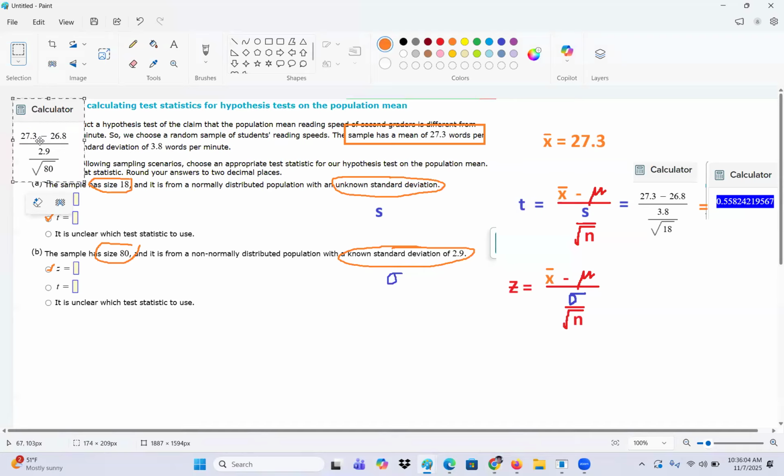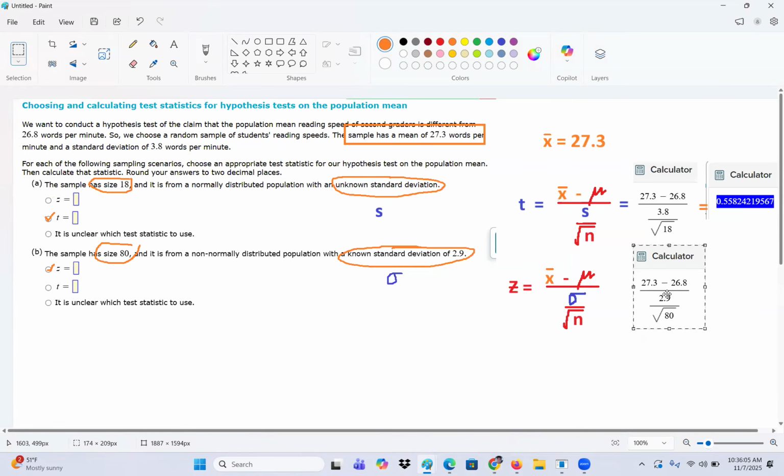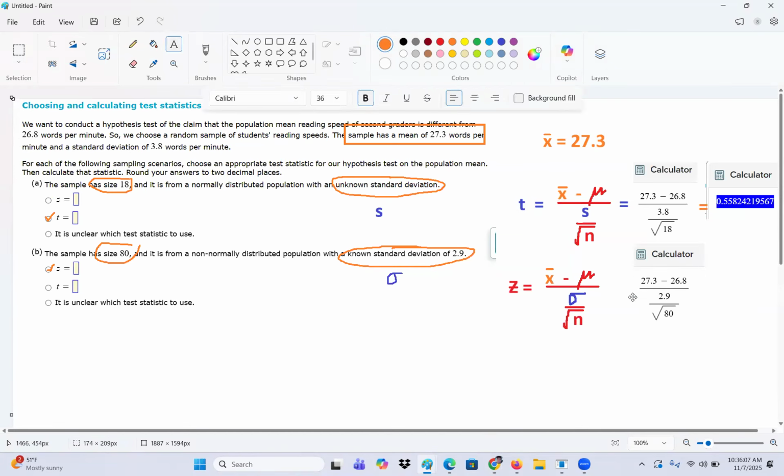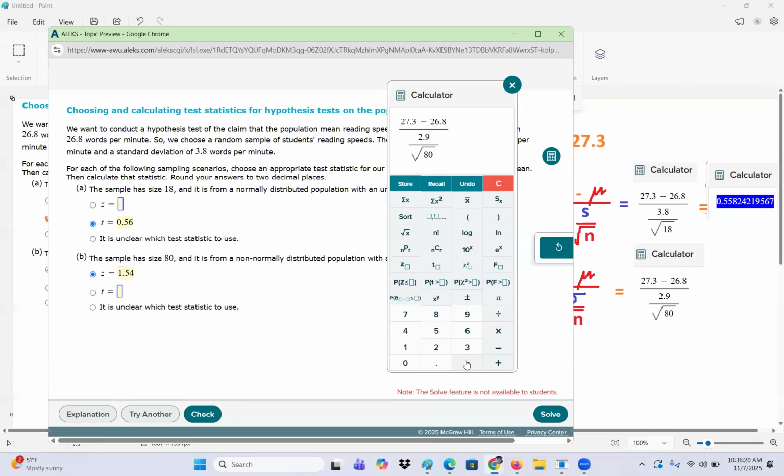So in this case, you should be able to get the answer of 1.54. Okay.